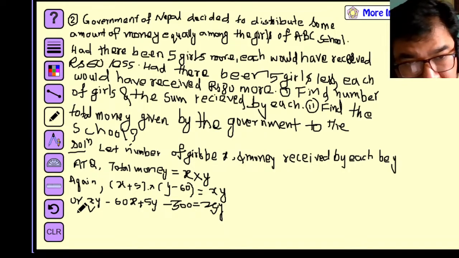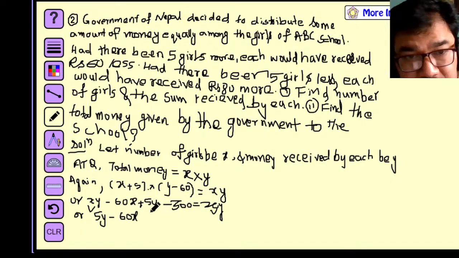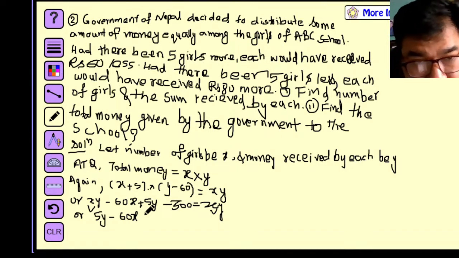We can leave it like this. This positive 5y, that's why I'm writing positive 5y first: 5y minus 60x, okay? And this 300 I am taking to the right side. Children, this 60x also we can bring to the right side, then it will change into plus.